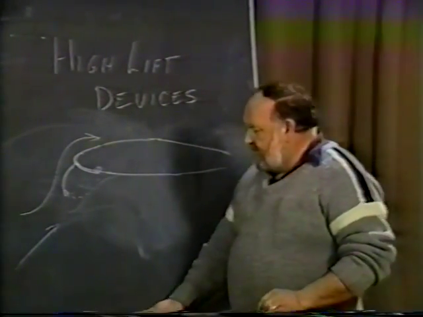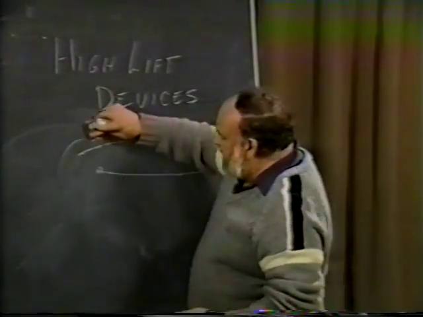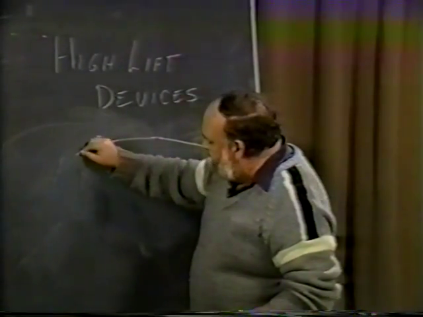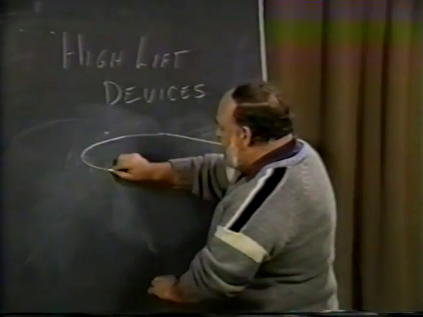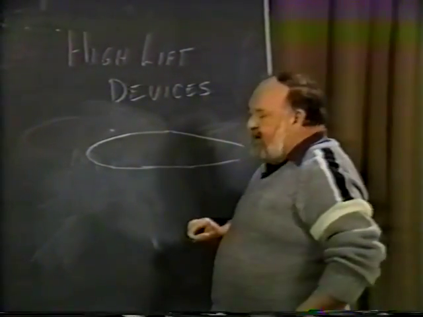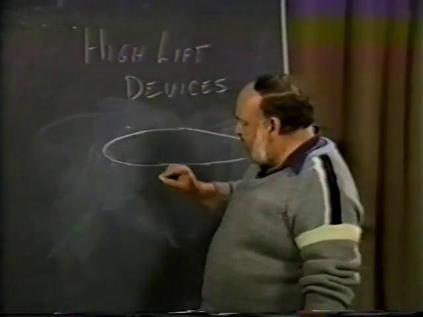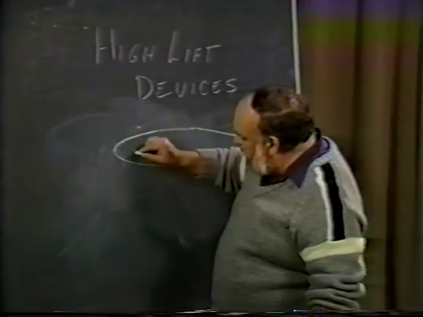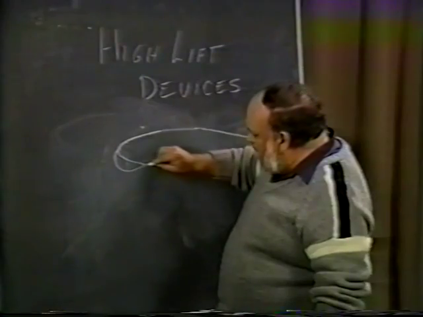Another type of leading edge device, which isn't really used too much, but has some real potential, I think, is essentially an expanded leading edge. I think B.F. Goodrich developed one, and I'm sure others have too, where basically you can have a rubber boot on here that comes around and is then inflated to expand and bulge.